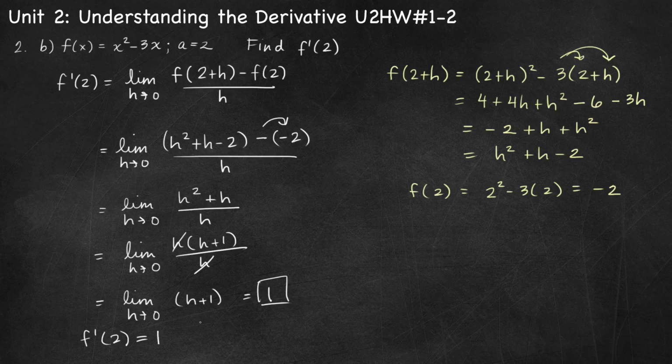And that tells me the slope of the curve at x equals 2 is 1, or the slope of the line tangent to the curve at x equals 2 is 1. Okay, if we look at the graph of f of x, it looks approximately like that.